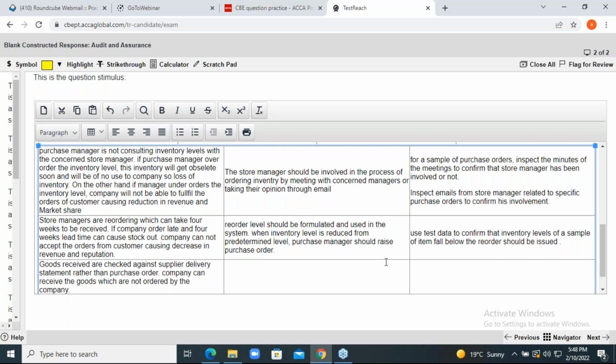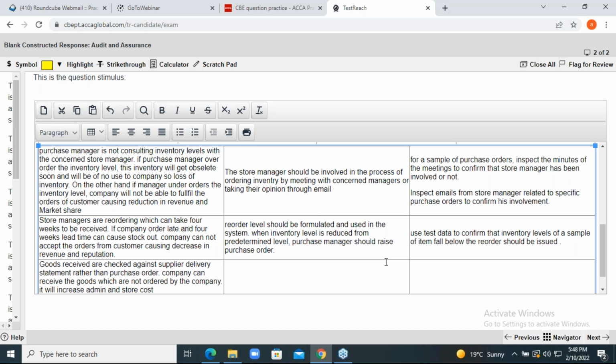So it will increase our cost, and it will increase admin and store cost, meaning storing cost. We could have stored other important items if these unordered goods had not been received.